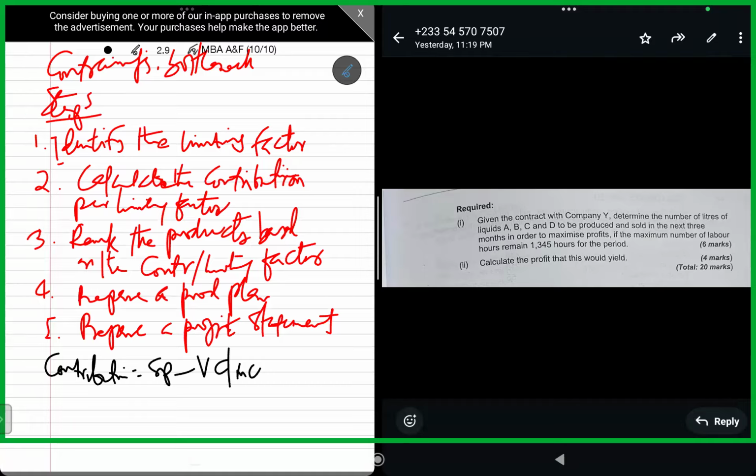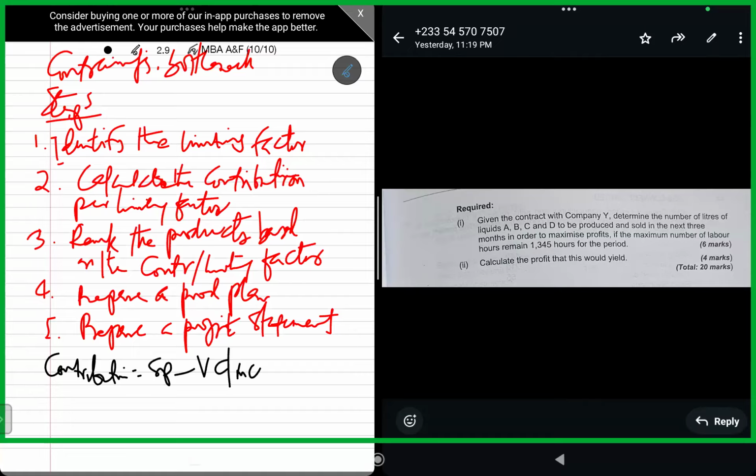So let's read. Who is reading? Someone should read for us. Required. Determine the number of liters of liquids A, B, C, and D to be produced and sold in the next 3 months in order to maximize profits. 2. Calculate the profit. You didn't finish reading. I printed it out, so that's what I have.